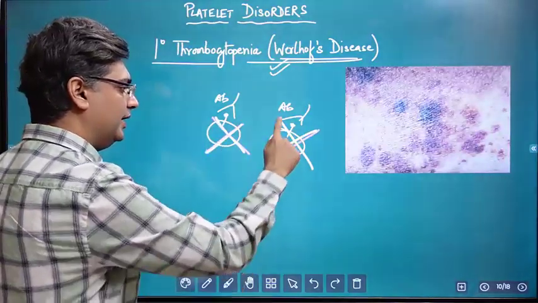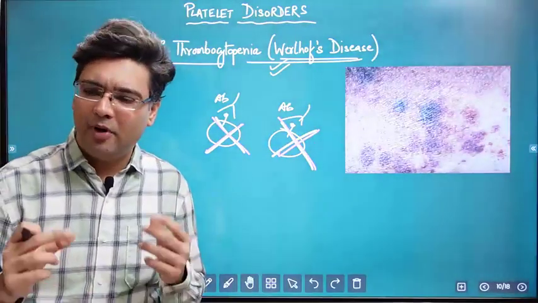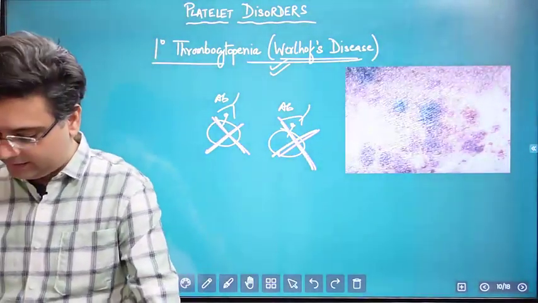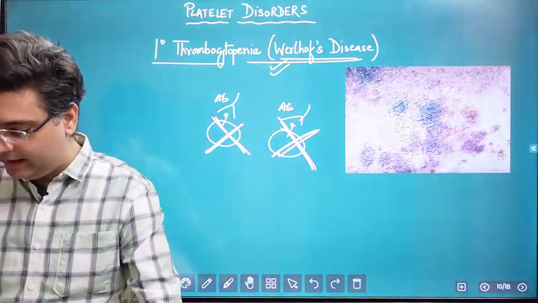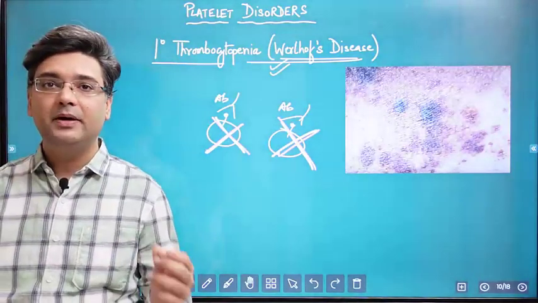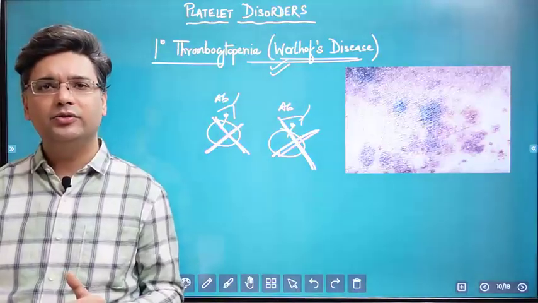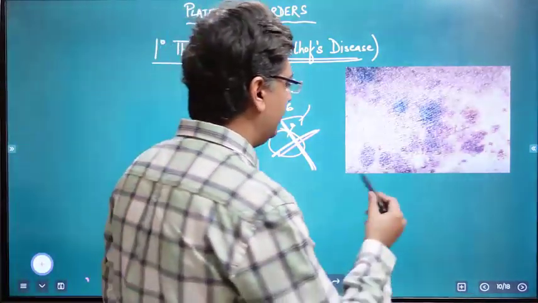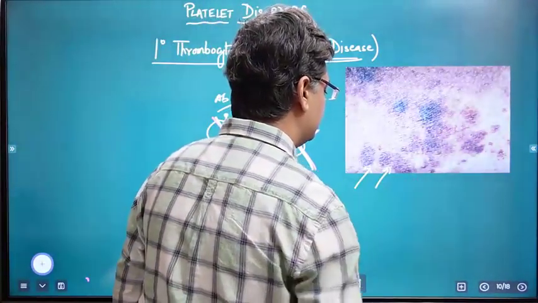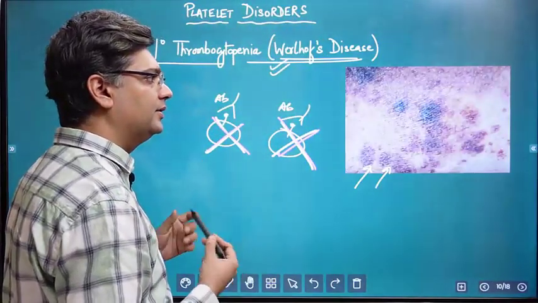Your own body starts killing your own platelets. Okay, so this basically is an antigen antibody reaction, and because of this, the platelet count is spontaneously reduced, and because of that we have these spots on the skin.